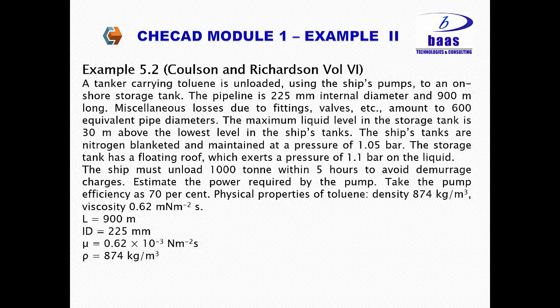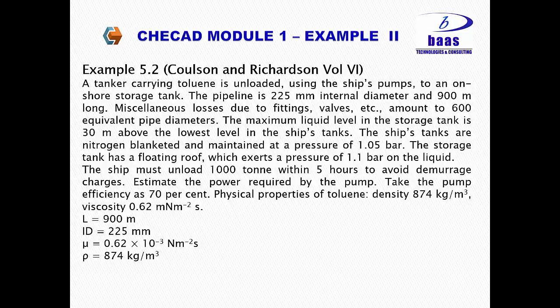The storage tank is at 1.1 bar. We are required to offload 1,000 tons within 5 hours, which means that we have to do about 200 tons per hour. The physical properties of toluene are given, and the pump efficiency is given as 70%.